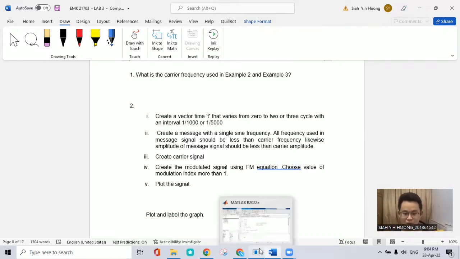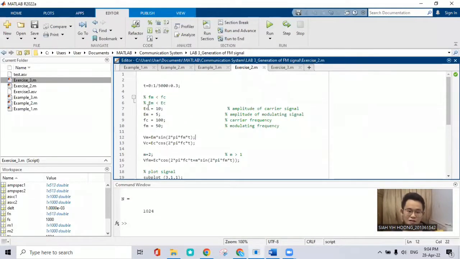In this exercise, I've set my carrier amplitude as 10 and modulating amplitude as 5, which fulfills the requirement given in the question. I've also set my carrier frequency to 100 Hertz and the modulating frequency to 50 Hertz. Both of these fulfill the requirement that the frequency and amplitude of the modulating signal should be less than those of the carrier.